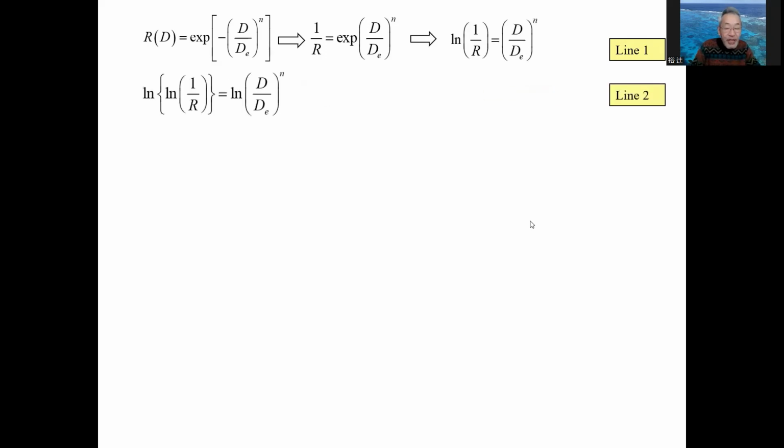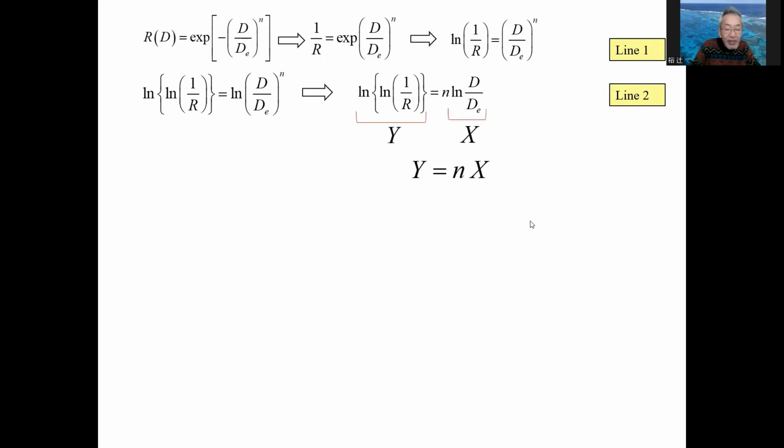If you further take the logarithm of the third equation on the first line, you get the first equation on the second line. Transforming the right-hand side gives the second expression on the second line.